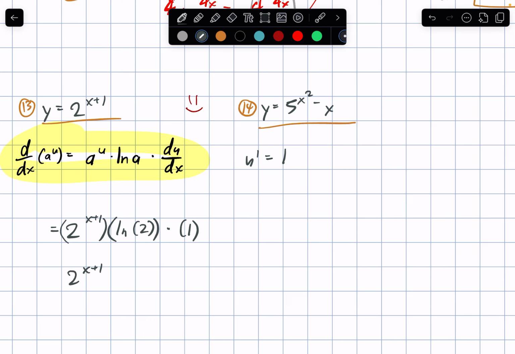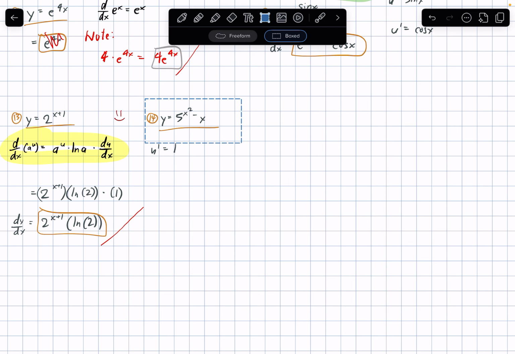So essentially it's this. Can we see? ln 2 times 2 raised to x plus 1. Alright, that is correct. Nice.